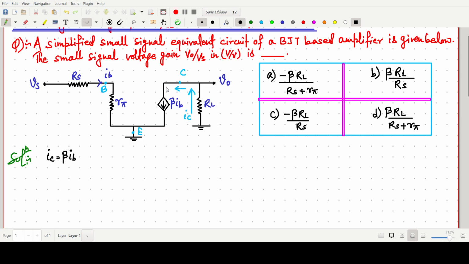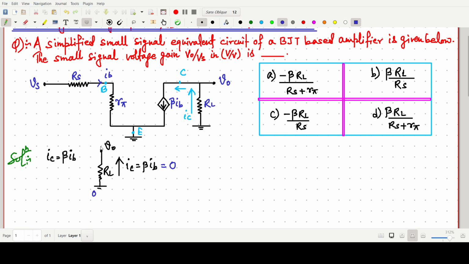This one is some resistor, and this is RL, and this one is V naught. We are saying this current is IC, which equals beta times IB. Because this potential is 0, to find V naught we have to find IC.